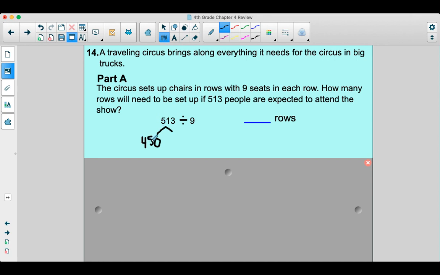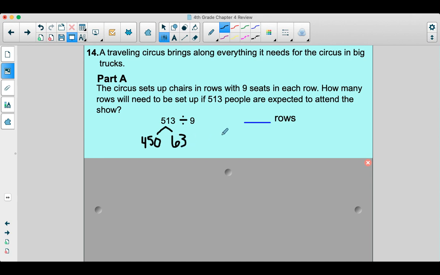So 450 plus what would get us to 513? Well, I know 450 plus 50 is 500, plus another 13 would be 513. So 63. And that's good news because 63 is divisible by 9. That's another basic fact. Okay.